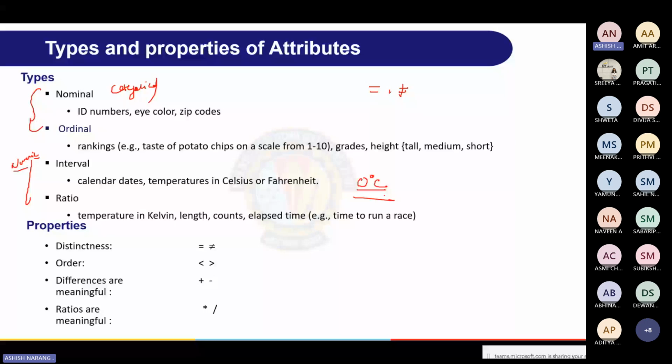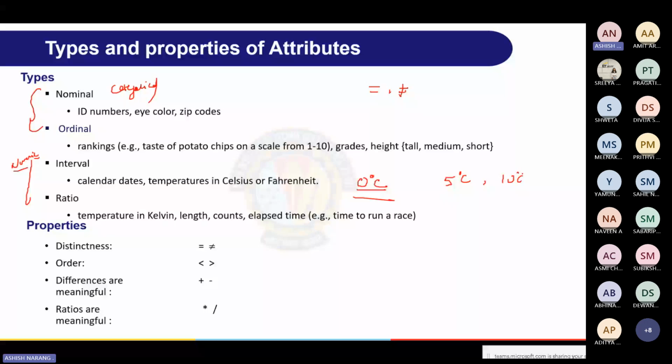If some temperature is 5 degrees and another is 10 degrees, can I say 10 degrees is twice as hot as 5 degrees? Can I say this or not? The answer is no, because we do not have an absolute zero.